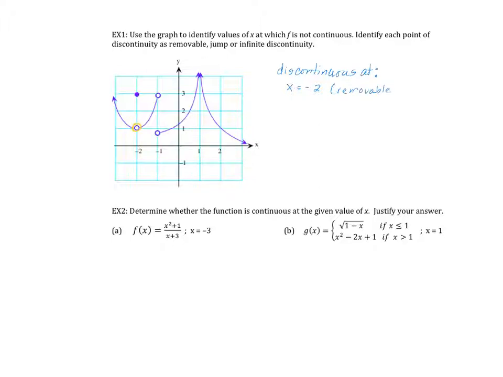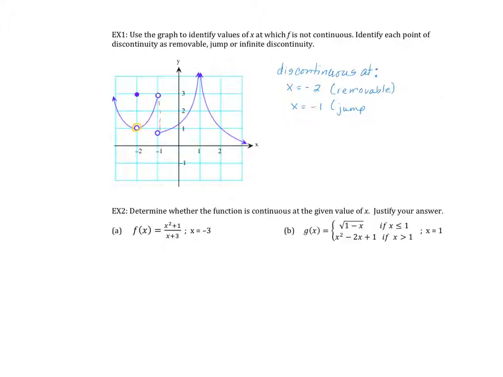The next discontinuity would be when x is equal to -1. And you see that there's this big jump in the graph. So that would be a jump discontinuity. However, there is something that we should also note.